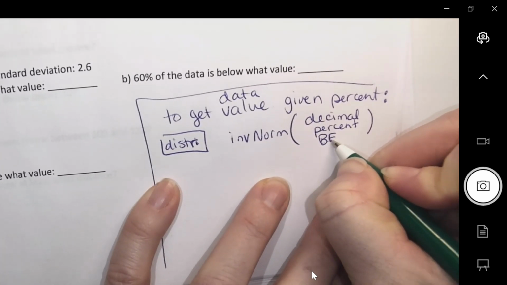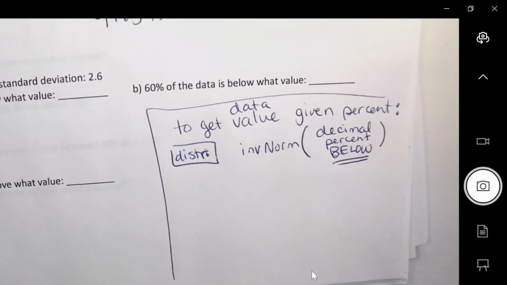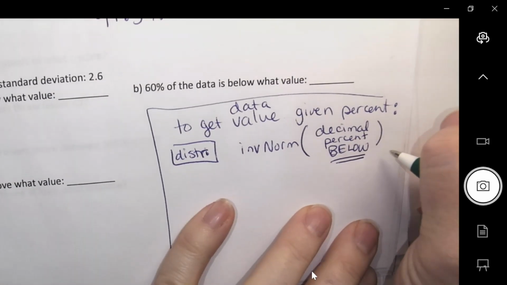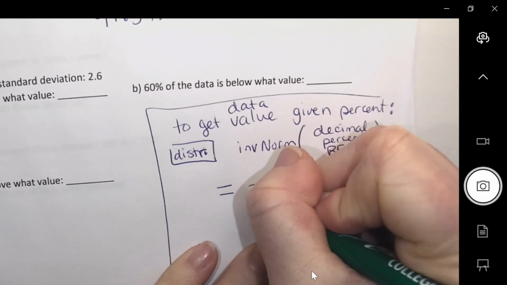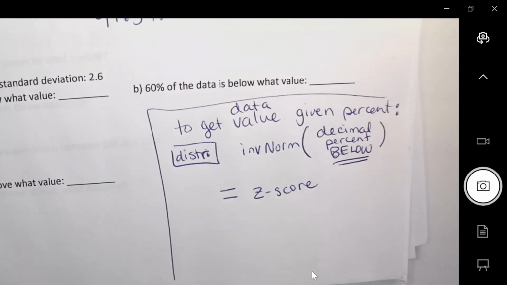Maybe we should write below. It's always below. Huh? How do you can't stack them. What? No. It's just one thing. It's a percent. Then that will equal, when you hit enter, it equals your Z score.